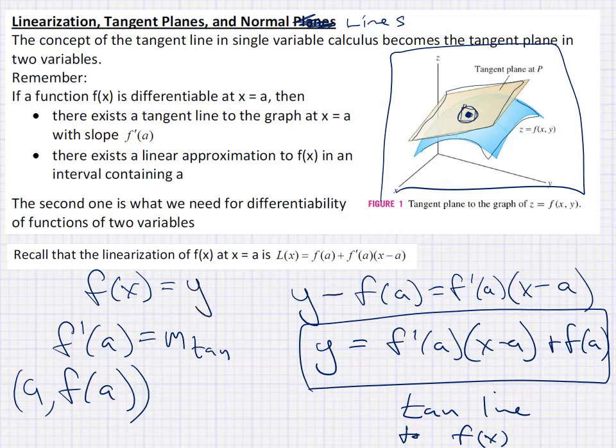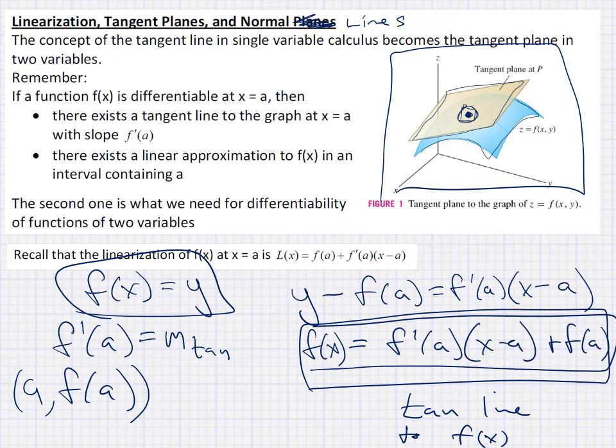Remember, f of x and y are the same thing, right? So what I can do is replace y with f of x. But what does that look like? Well, what that is essentially saying is that f of x equals this. So this is your linearization for your function.